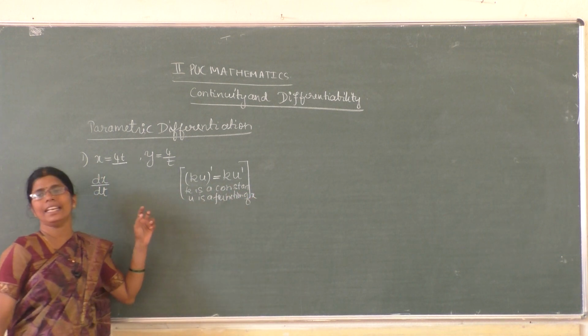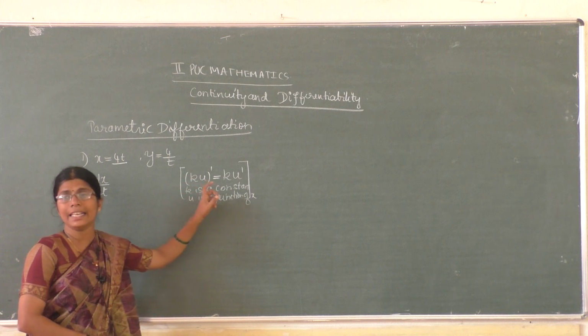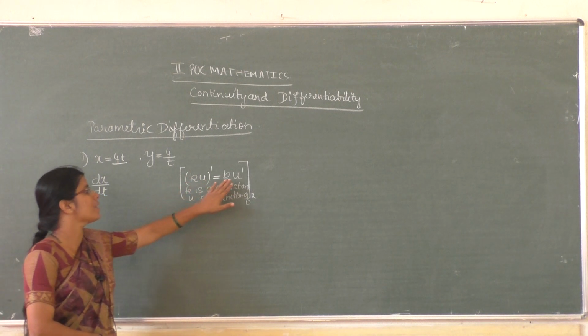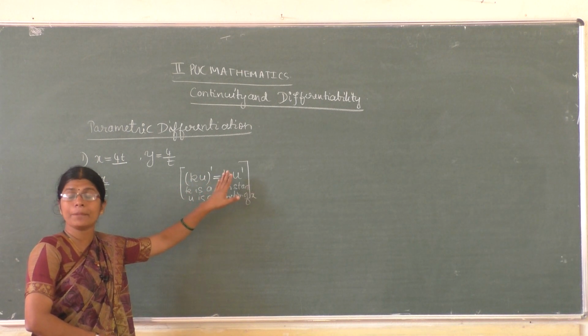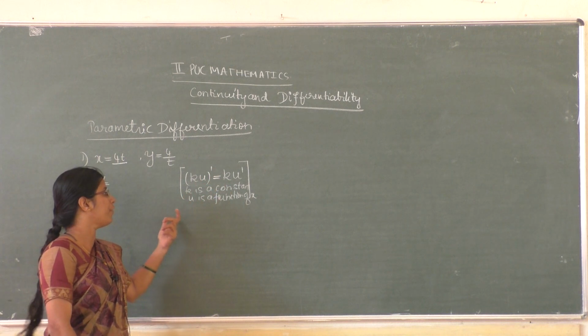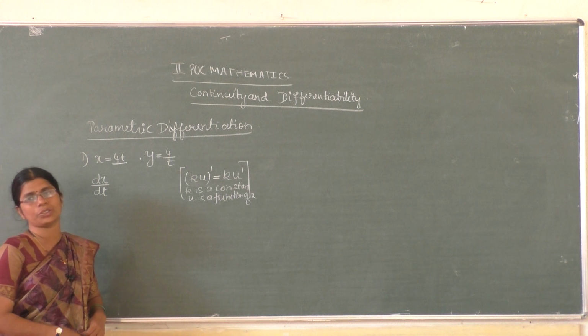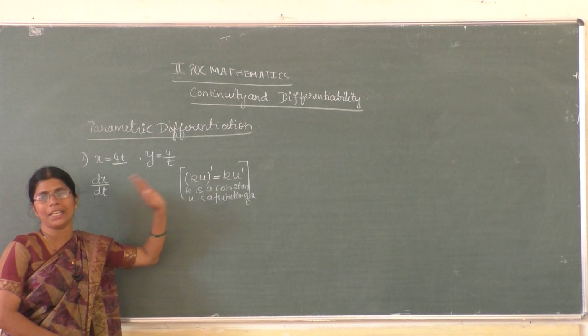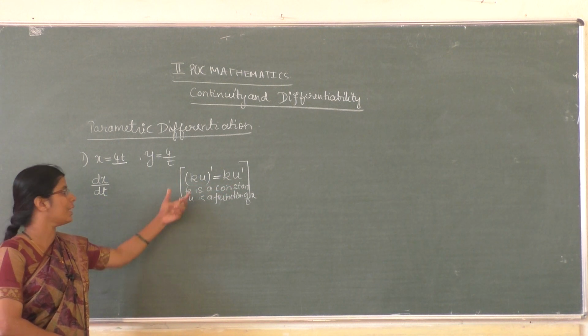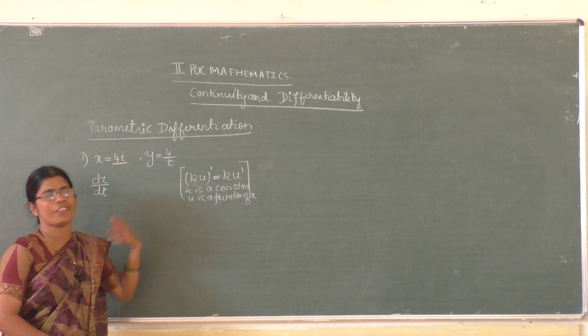Then to find the derivative of a constant into a function, we keep the constant as it is and we find the derivative of u with respect to x, that is u dash or du by dx, both are the same. This rule you studied in first PUC.